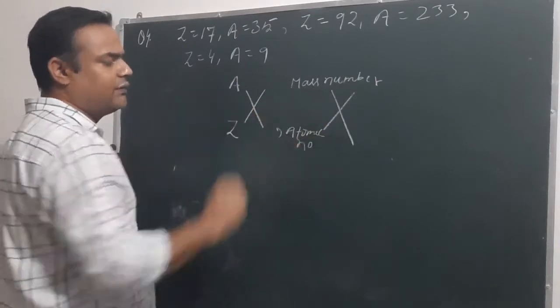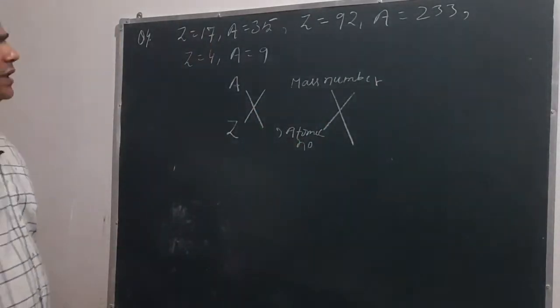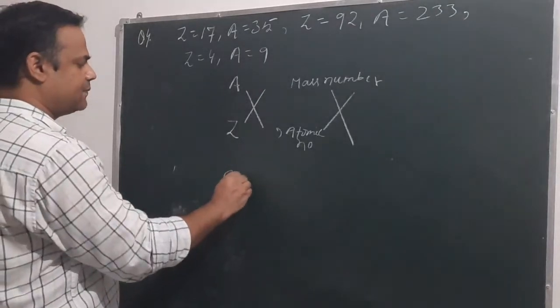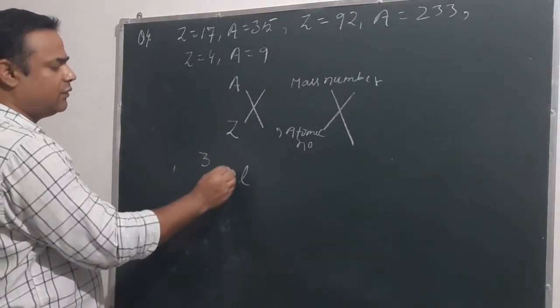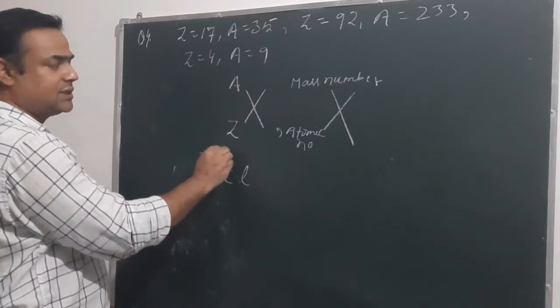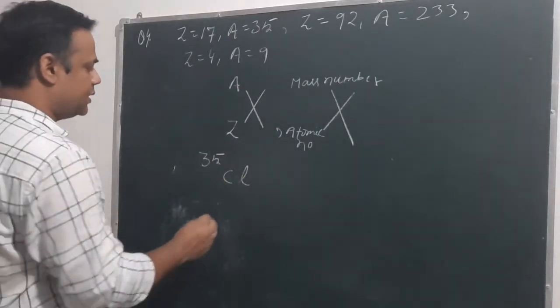This is the symbol of any element. Starting with this, A is 35, mass number is of chlorine, so we'll write the symbol for chlorine, Cl, with mass number 35. Atomic number is 17.